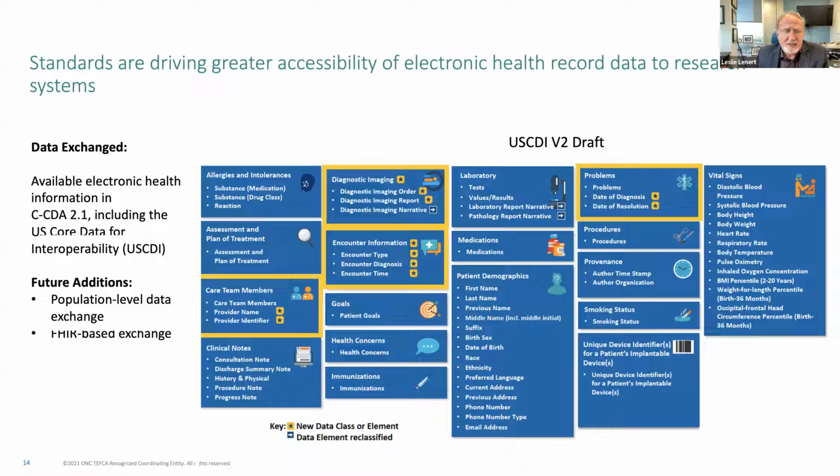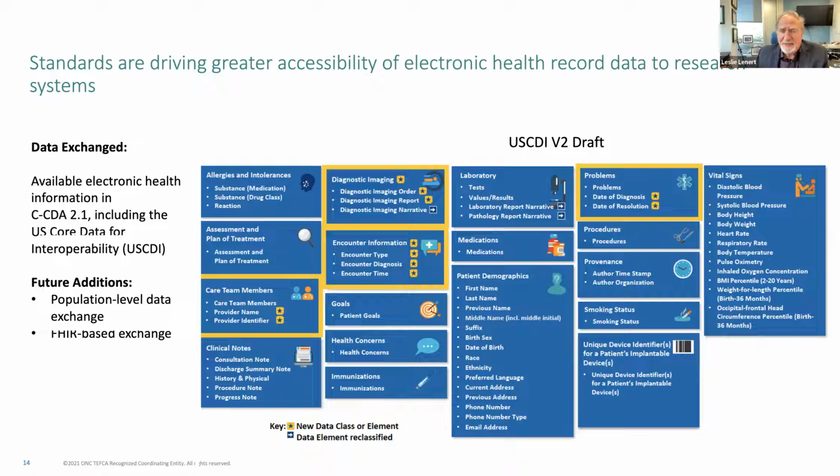You can see the differences, from allergies to plans of treatment, to care team members, to encounters, to diagnostic information, to problems and demographics, and unique identifiers for devices, and detailed vital sign measurements, and provenance of laboratories and of the other types of measurements in there, that I think will solve a lot of problems.